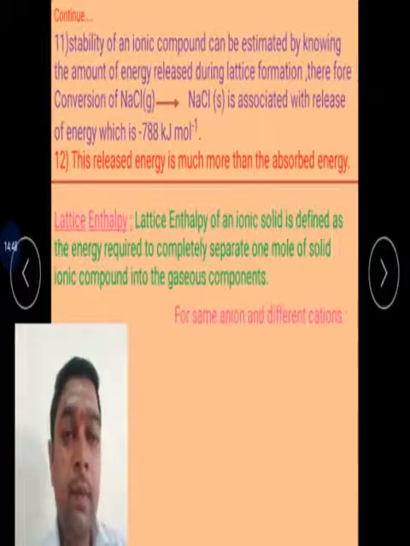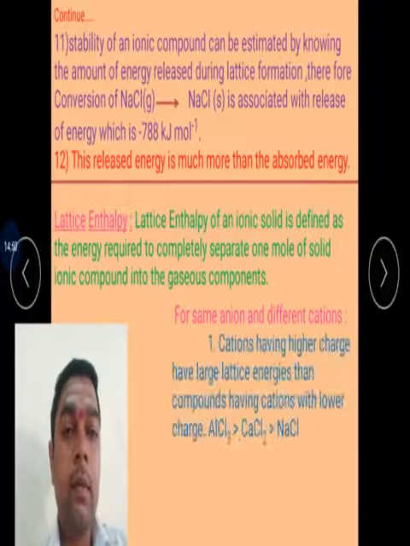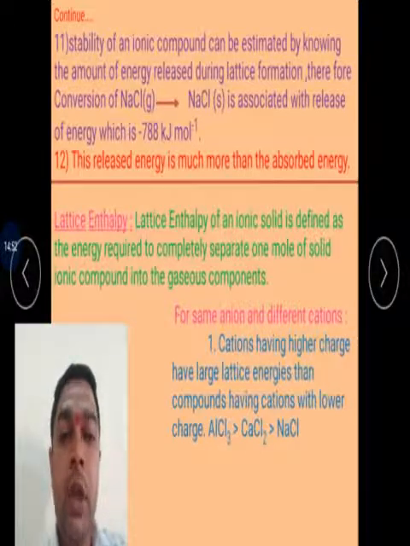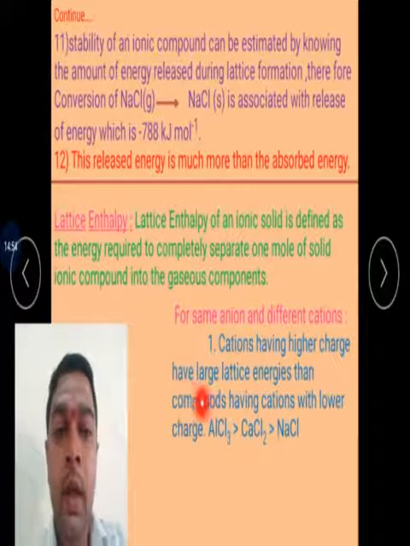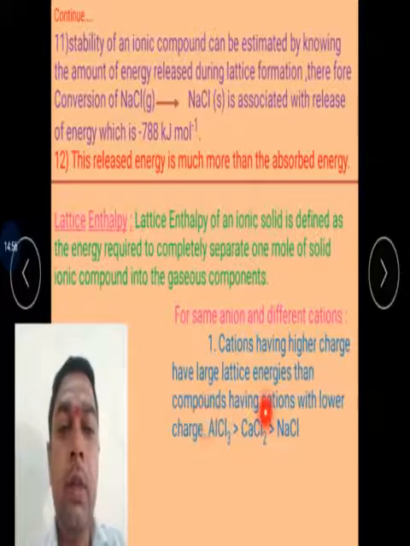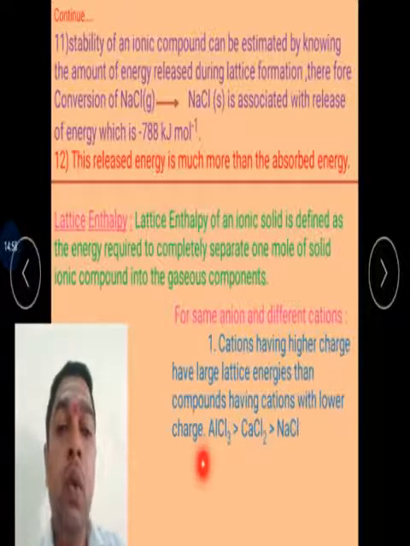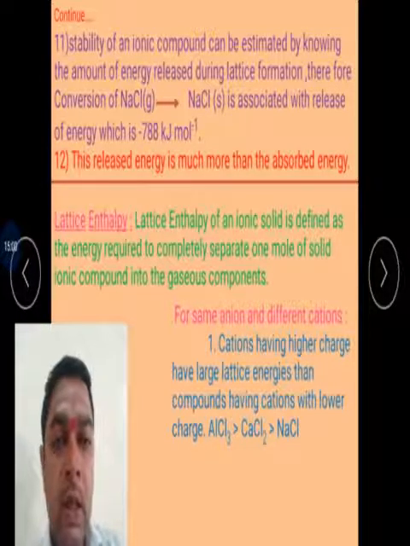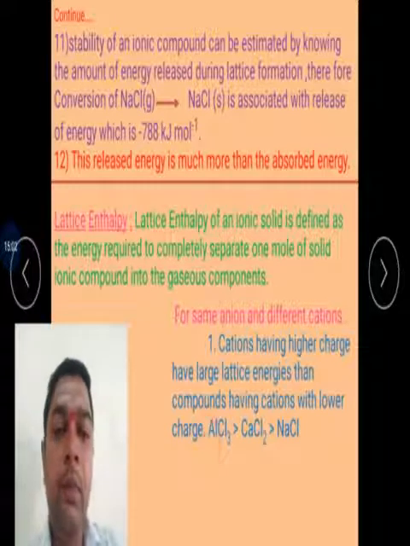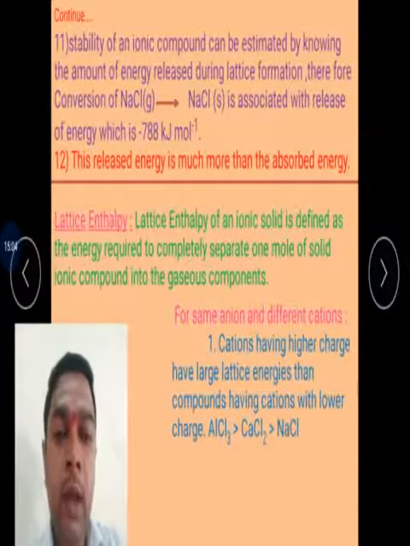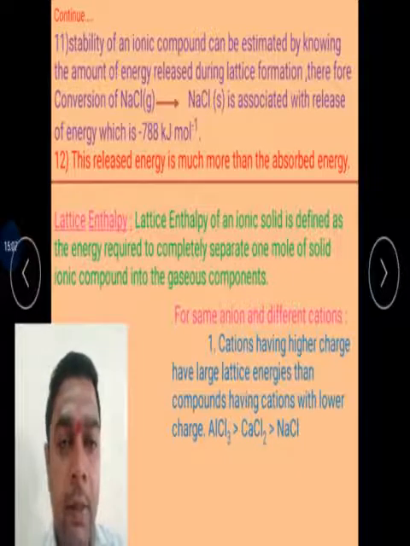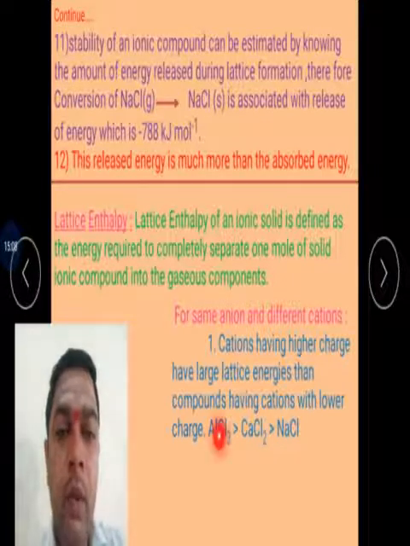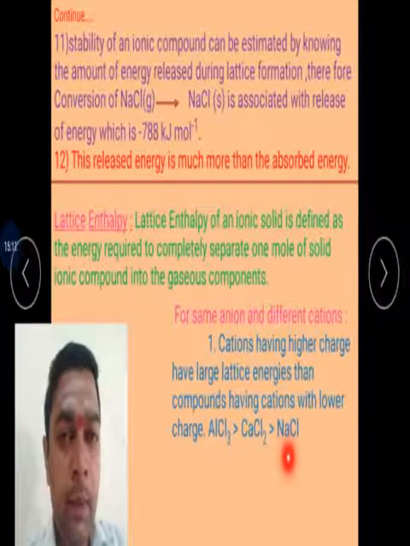For example, cations having a higher charge have a larger lattice energy than compounds having cations with a lower charge. Aluminum, calcium and sodium have different valencies in aluminum chloride, calcium chloride and sodium chloride.